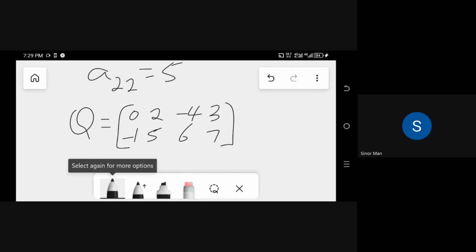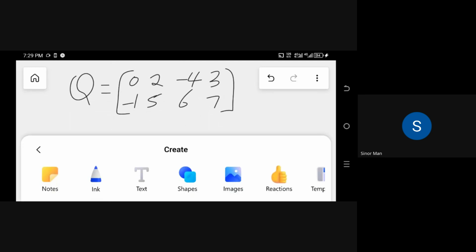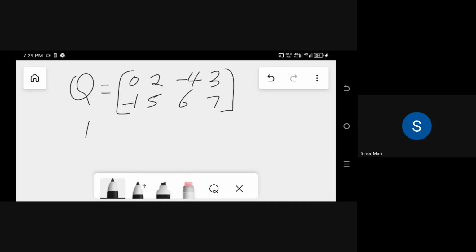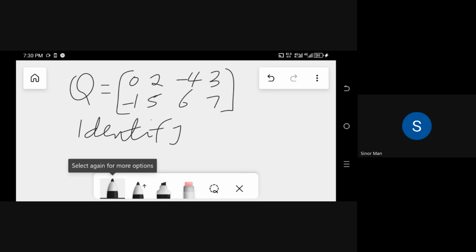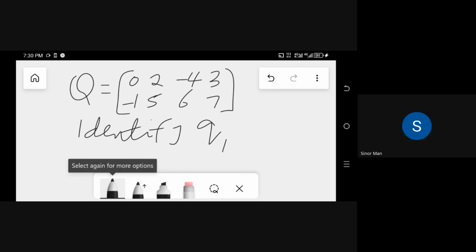And then we are now being asked to identify, I think that's a better word to use, identify Q13.